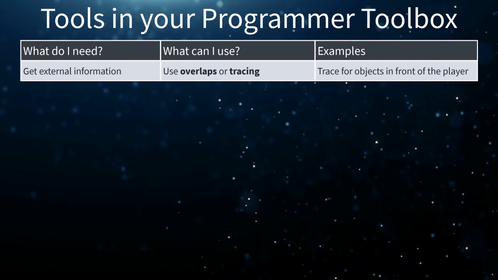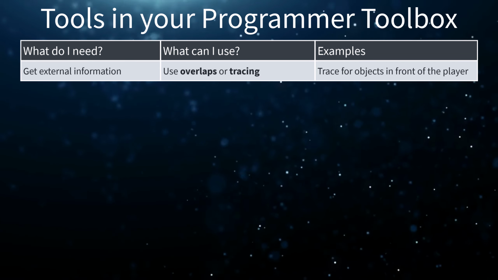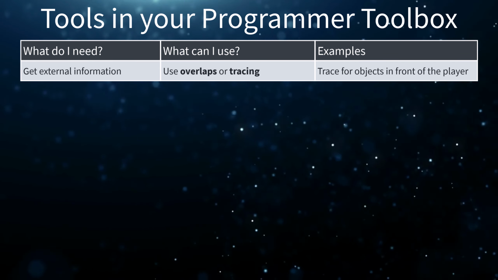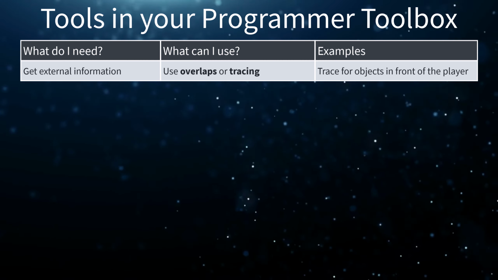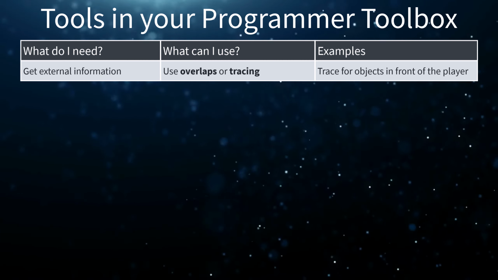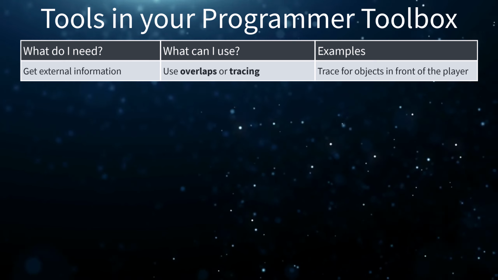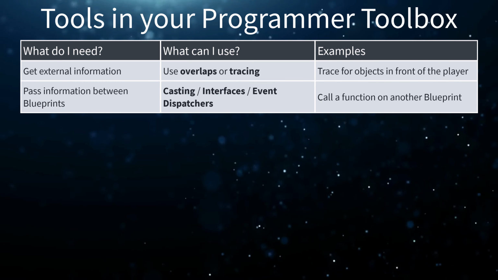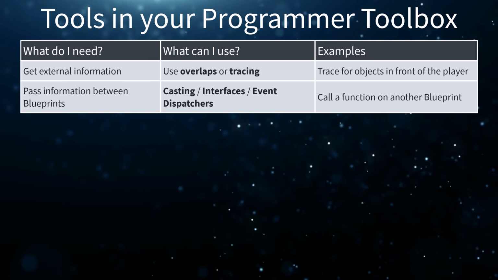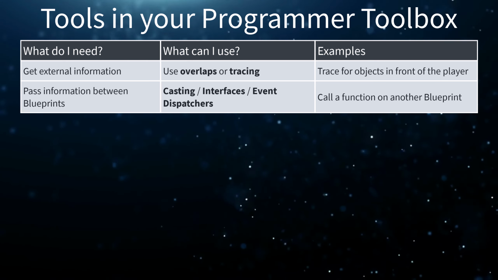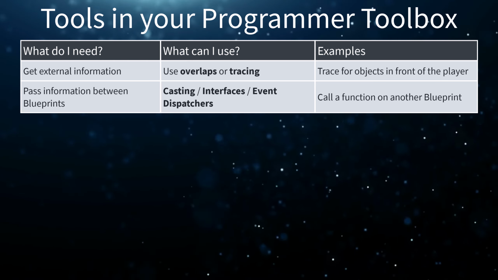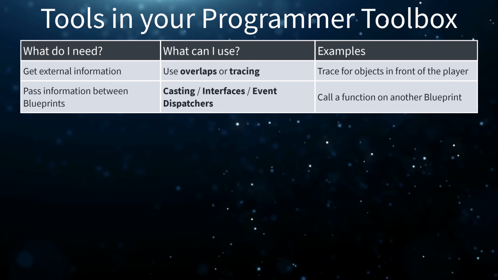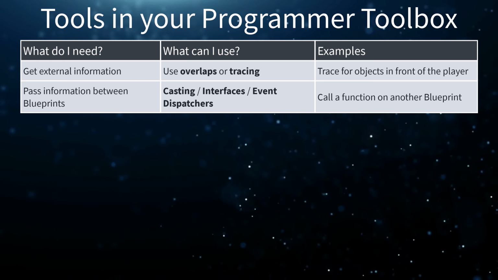If you need to get external information for your blueprint, you can use overlaps or tracing. For example, you could trace for objects in front of the player so you can interact with them. If you need to pass information between blueprints, also known as blueprint communication, you can use direct communication or casting, you can use interfaces, or you can use event dispatchers.